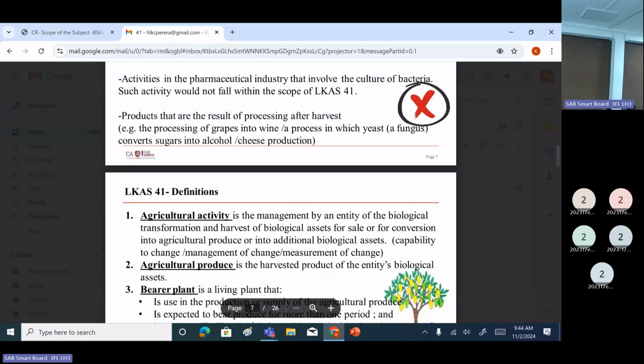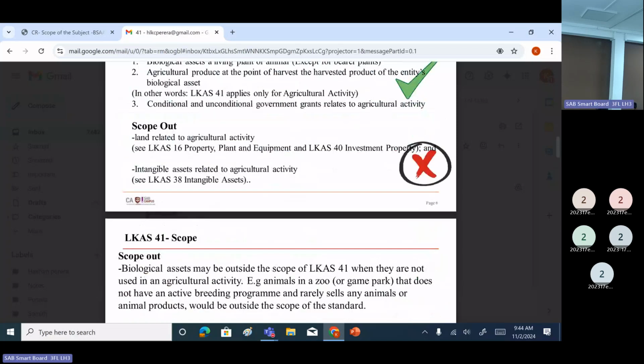So these are the scope out areas. If you can suggest some other areas, we can discuss. Sometimes there may be arguments before we come to a conclusion. There are different situations where we can't have a clear-cut answer. So we need to go through the standards, refer to them and justify.